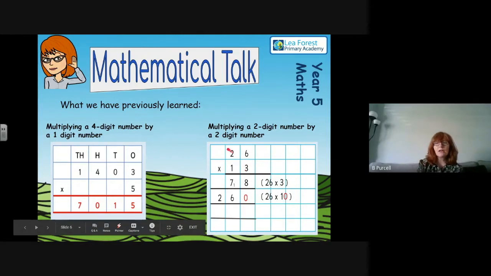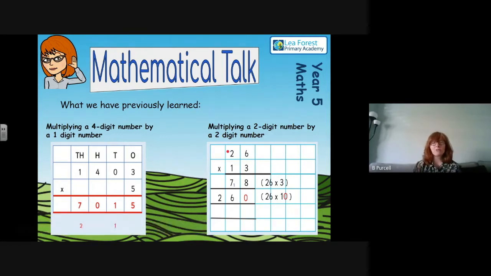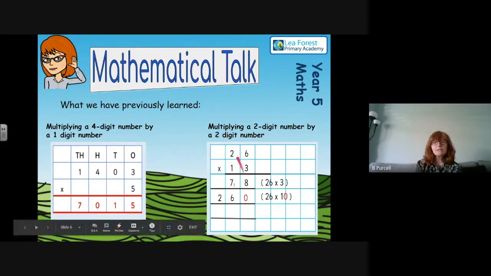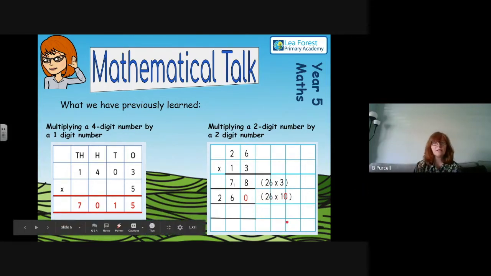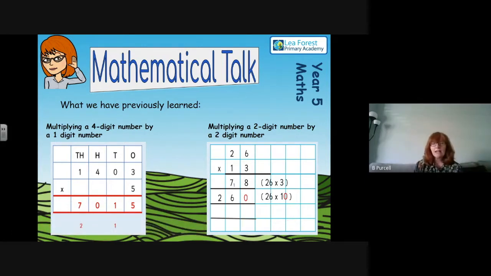So 3 times 6, and 3 times 2, we say 2 because mathematically that helps us, but really it's 20. So 3 times 26, and then because this isn't a 1, we're multiplying by 10, we need to remember to put 0 as our placeholder. So we've got 26 times 10, and if we remember multiplying by 10, moving place value to the left, we would know without much thinking that 10 times 26 is 260.